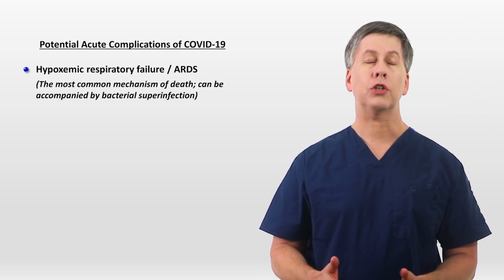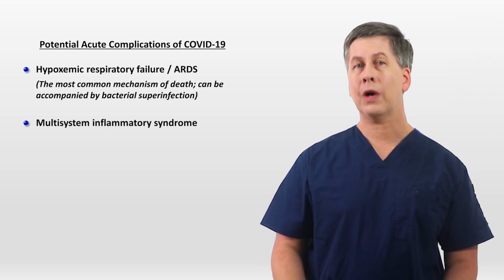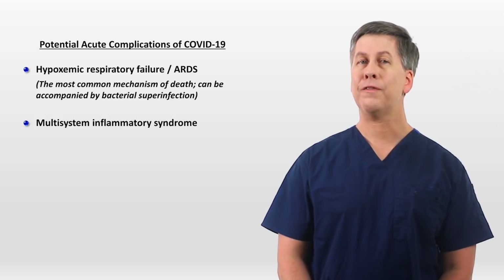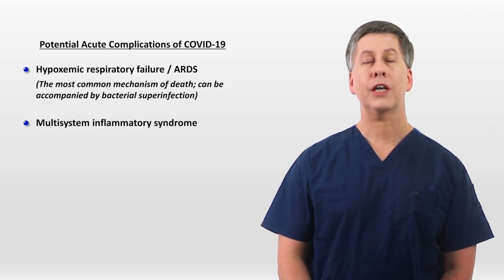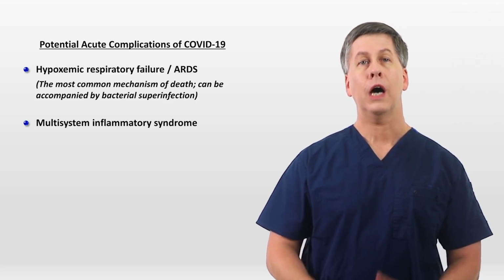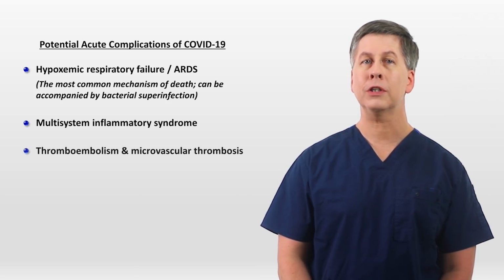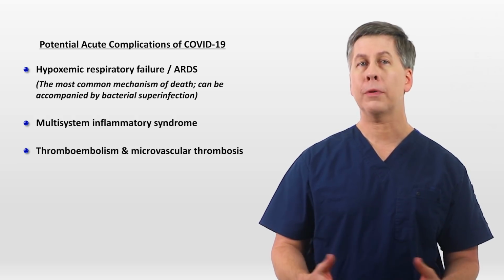Some critically ill patients also develop a multi-system inflammatory syndrome, characterized by persistent high fevers, elevated pro-inflammatory cytokines, cytopenias, and multi-organ failure. Another complication in critically ill patients is an increased risk of thromboembolism and microvascular thrombosis, including pulmonary emboli and strokes.